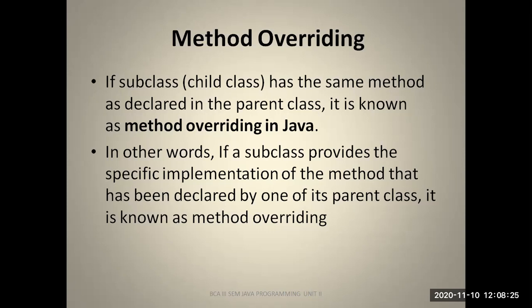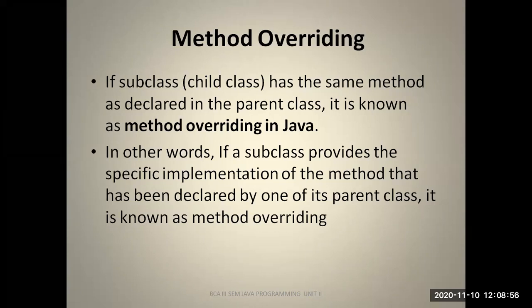Repeat the point once again: if a parent class contains a method, and the same method name is also available in the subclass with the same signature, everything being the same, then we can say that it is method overriding in Java. In other words, if a subclass provides the specific implementation of a method that has been declared by one of its parent classes, it is also known as overriding.